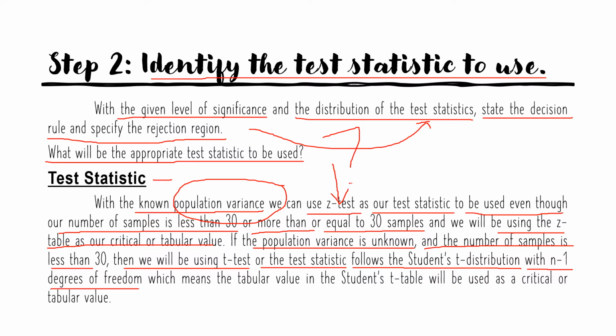We simply use this n minus 1 to get the value of your degrees of freedom, which means the tabular value in the student's t-table will be used as the critical or tabular value. Same thing with the Z table. From your t table, we can get your critical value based on your degrees of freedom and with respect to your level of significance also.